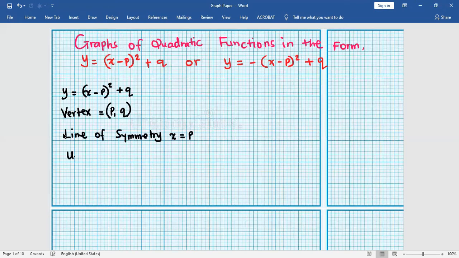It is upward opening. This is because the coefficient of x is positive. So this kind of a function shows us three things already: the vertex, the line of symmetry, and we get to know that it is upward opening.